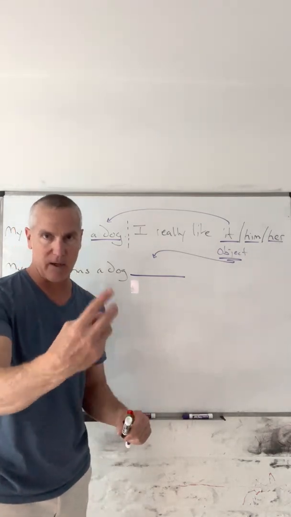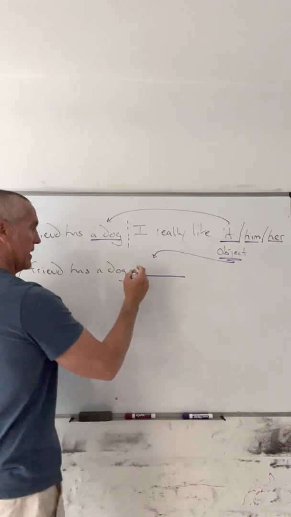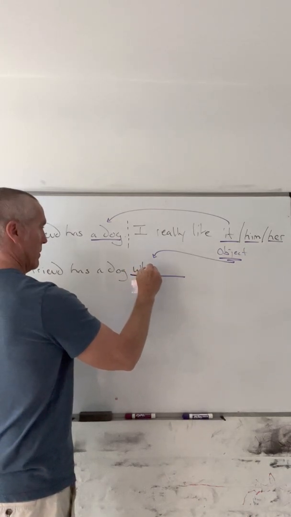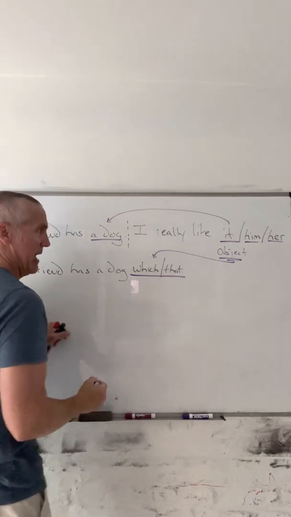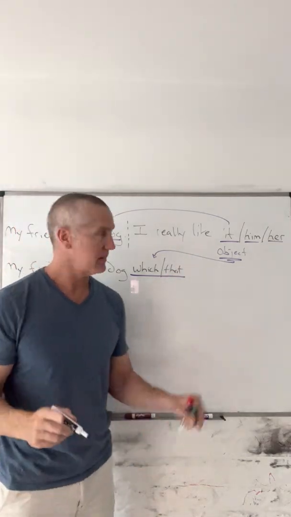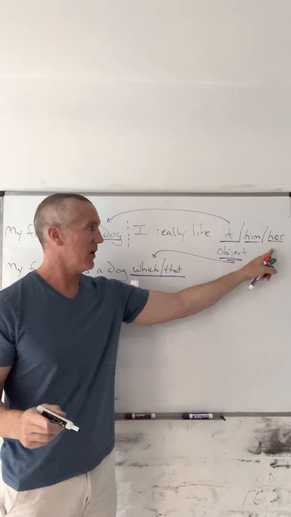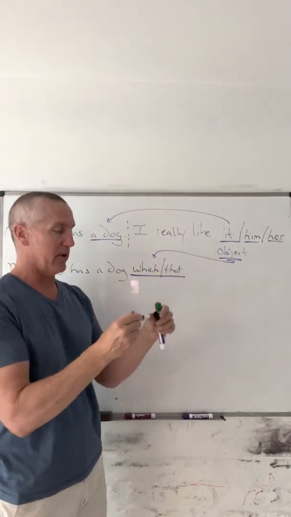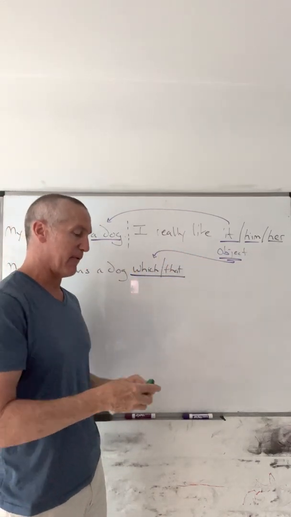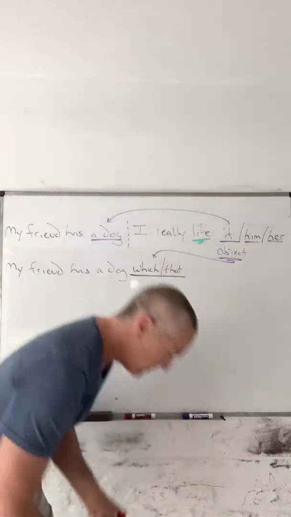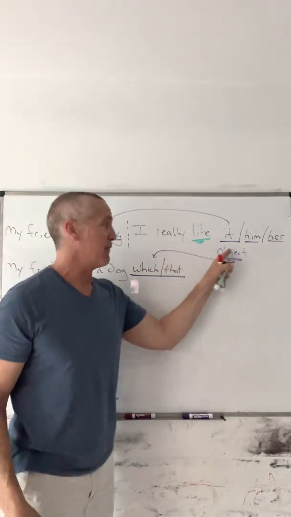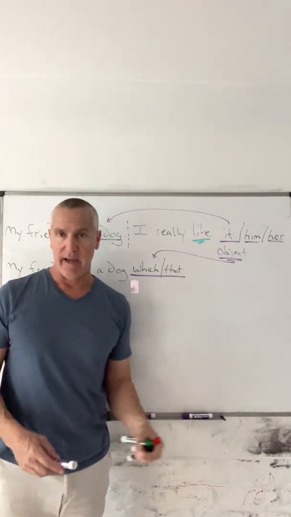So automatically we get these two options: which or that. And because it, him, her, look, subject, verb, object. Remember, there's our verb right there. So you know that after the verb, you have an object.